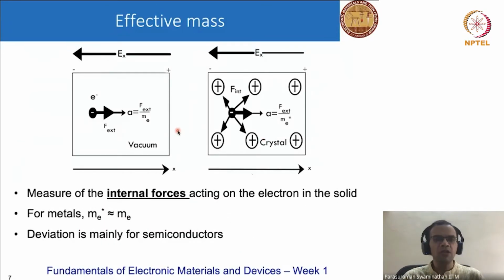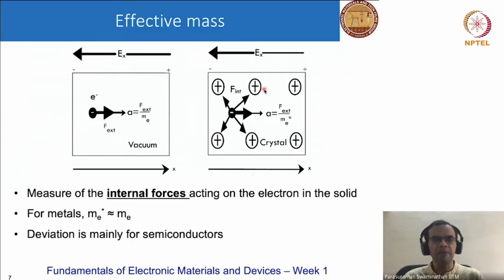We can also define something called the effective mass, which is a measure of the internal forces acting on an electron that is moving in a solid. So if I have an electron in a solid and I apply an external force, this could be a potential, we know that the electron is accelerated because of the applied potential.